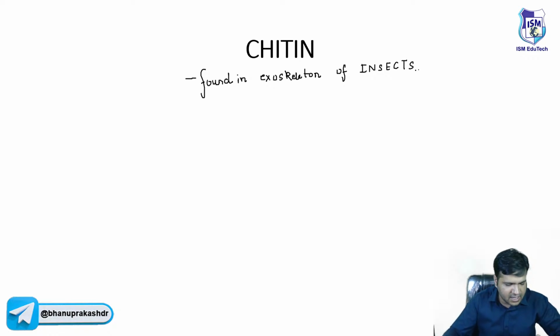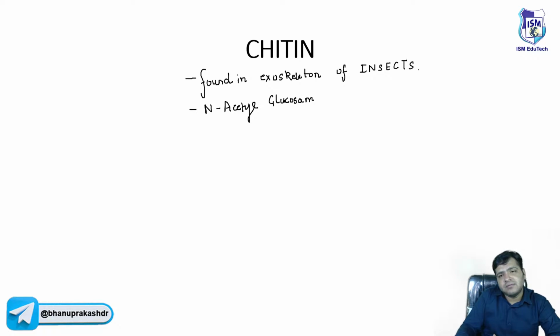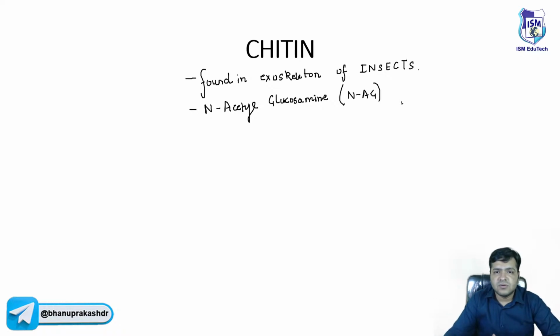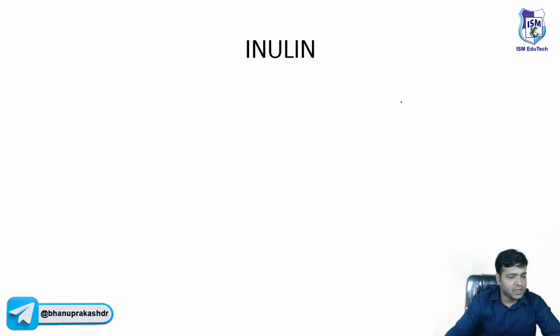It is found in the exoskeleton of insects, and it is also called N-acetyl glucosamine, NAG. So it is found in the exoskeleton of insects and it is N-acetyl glucosamine. Right? Yes, Prince Anshul, very good beta. Very good.